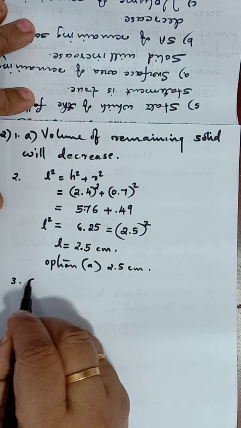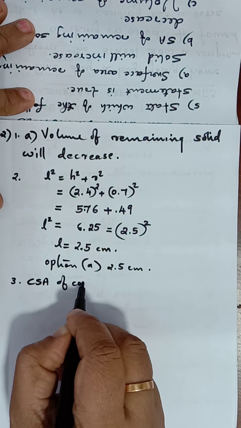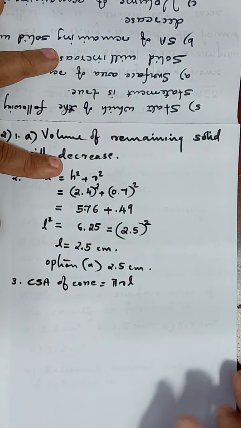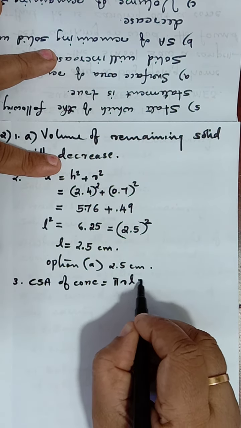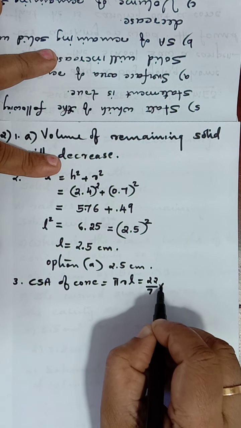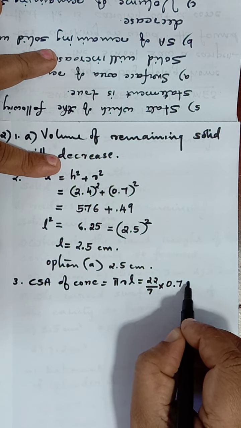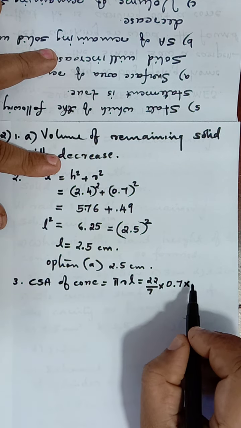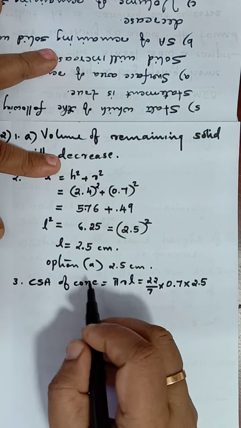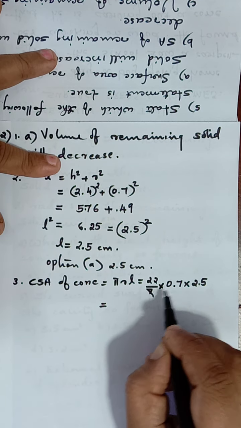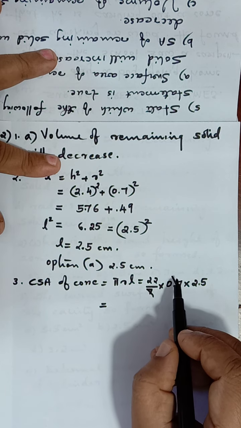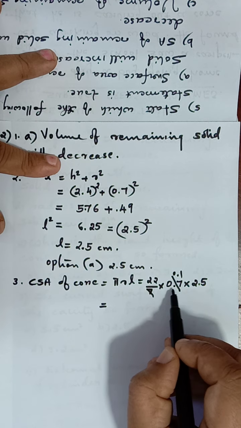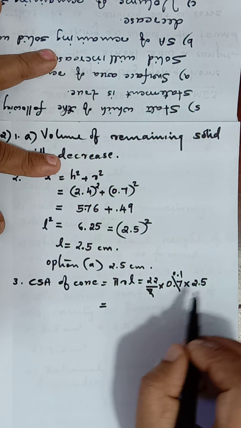CSA of cone is equal to pi RL. So values are available. We have to just substitute 22/7 into radius we have 0.7 and length, slant height, we have found out it is 2.5. So this is equal to 7 and 0.7 we can cancel, 0.1 time. 0.1 time 7 is 0.7. 1 times 7 is 7.